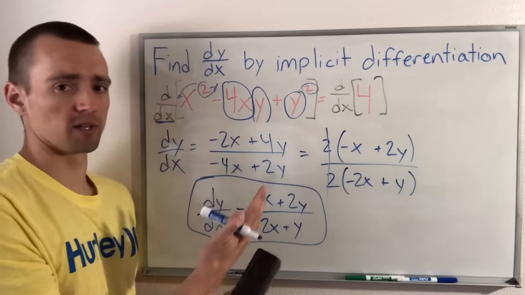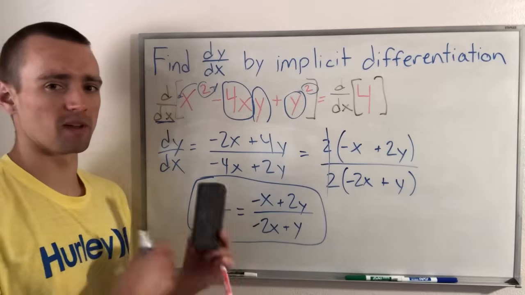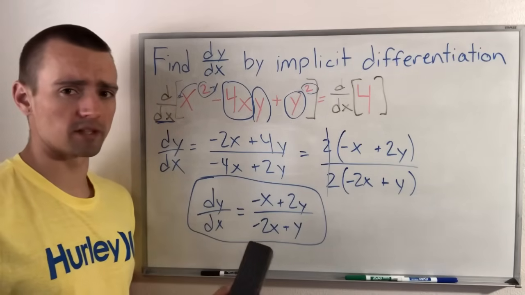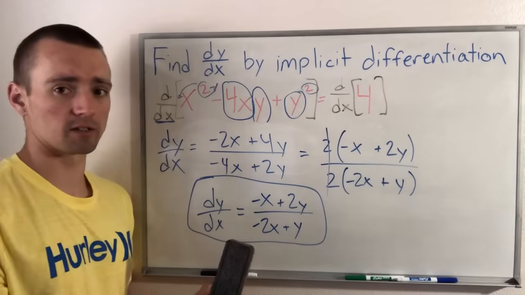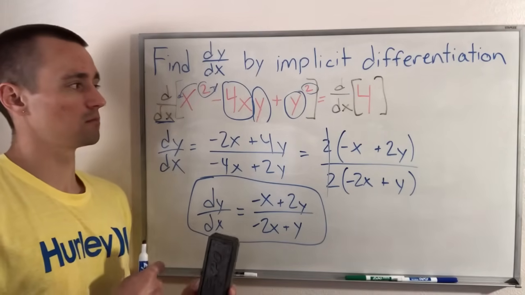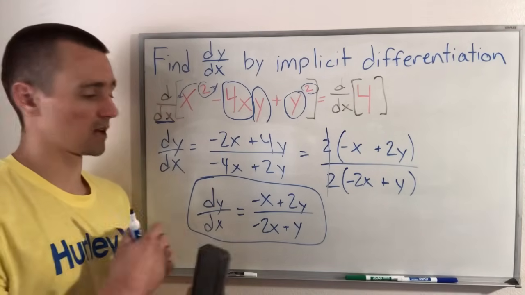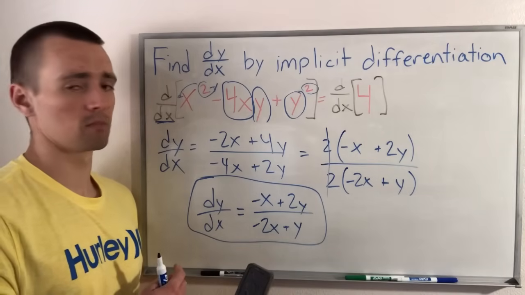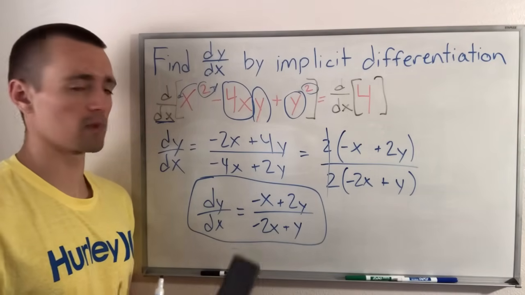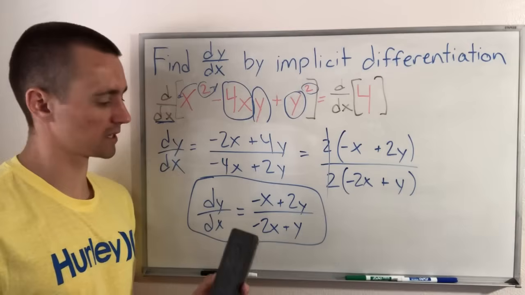That's why it's called implicit differentiation, because the x's and y's are all mixed up together. We don't have an explicit formula for y in terms of x. Therefore, we have an implicit function for the derivative of y as well, where the x's and the y's are all mixed up.